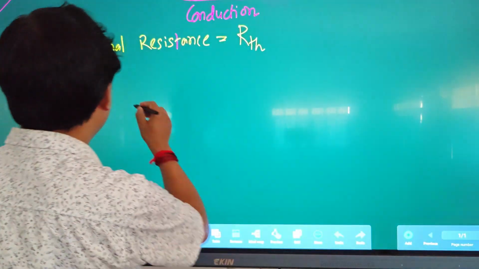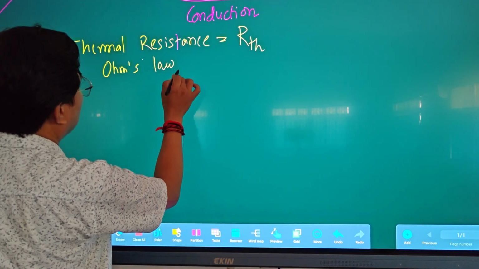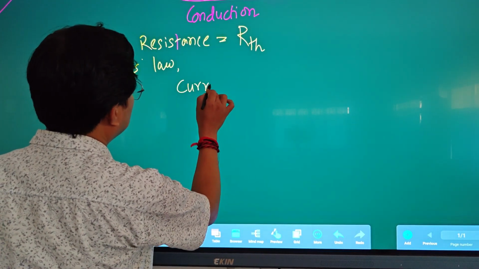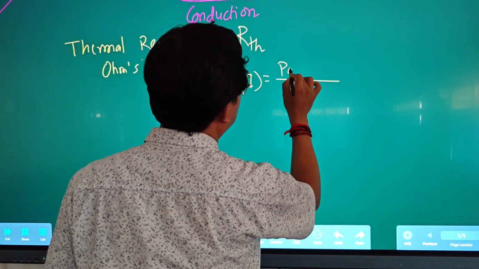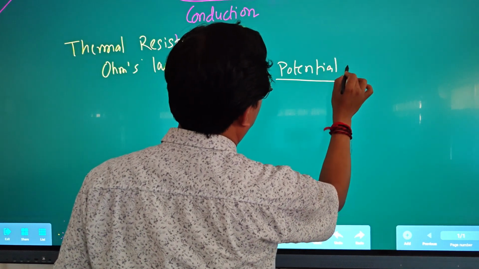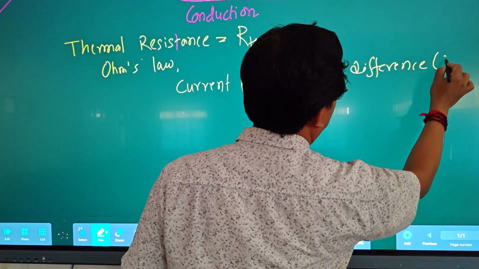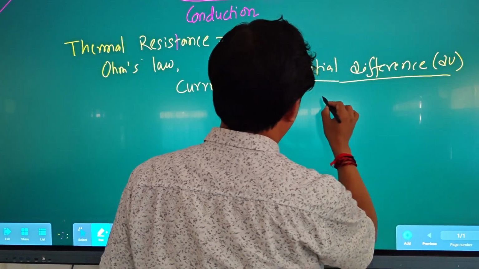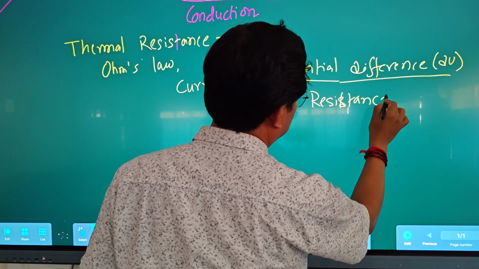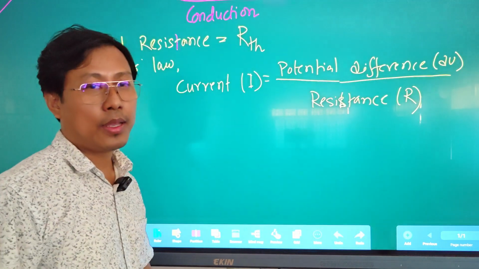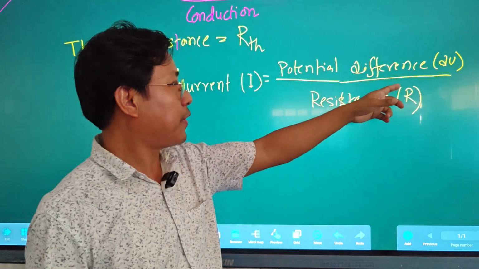As per Ohm's law, current, which is denoted by I, equals potential difference, which is denoted by dV, divided by resistance.